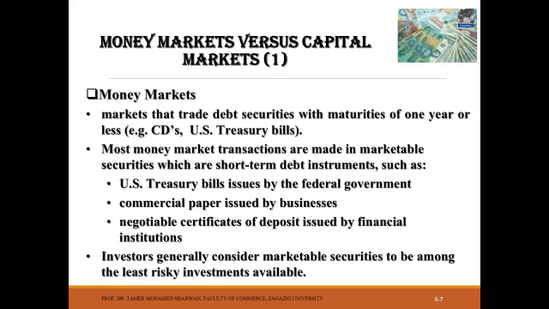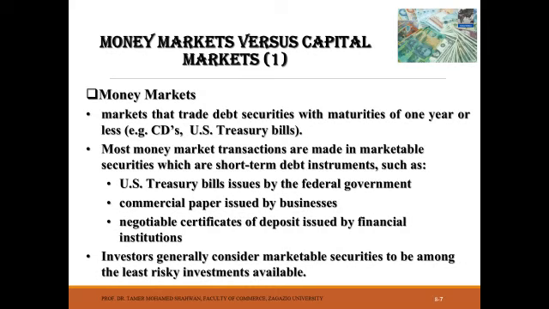The second classification is to classify market into money market versus a capital market. And the money market, those are the markets where we trade debt security with the maturity of 1 year or less.